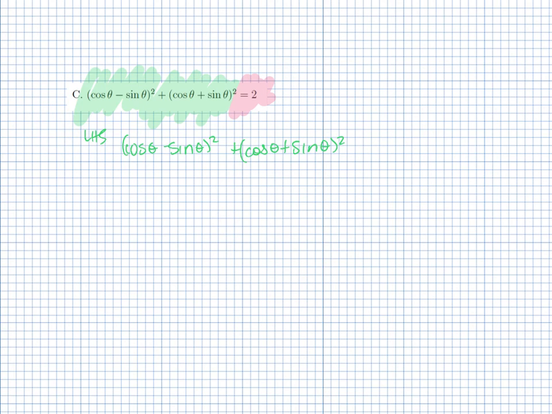This is where it helps to remember your identities that x plus y squared is x squared plus 2xy plus y squared, and that x minus y squared is x squared minus 2xy plus y squared. I'm going to use these as I fill in the next steps.